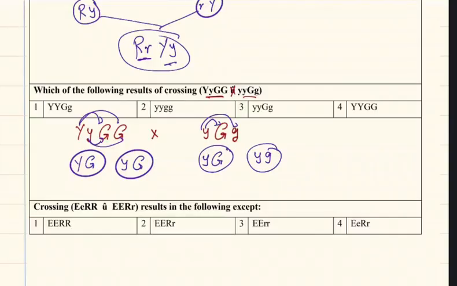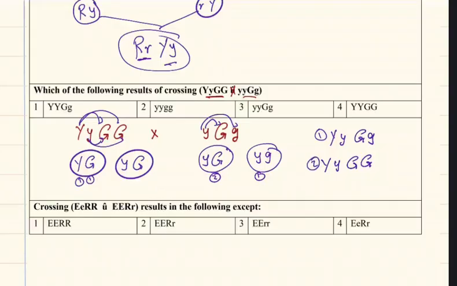Now, let's cross them. What will we get? The first with the first is going to give us Y capital, Y small, G capital, G small. This is the first one. Now, the first with the second is going to be Y capital, Y small, G capital, G capital.